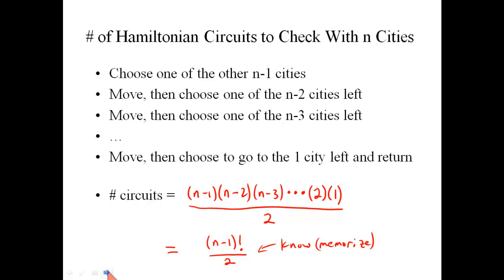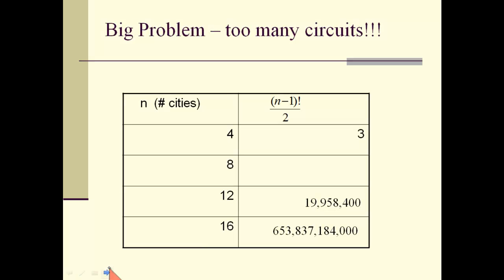Let's look at some numbers then. Here's the formula. So number of cities, and then let's compute (n minus 1) factorial divided by 2 for several cases and see how big it is. For our original problem, there were 4 cities, and 4 minus 1 is 3 factorial. 3 factorial is 6, divided by 2 is 3.